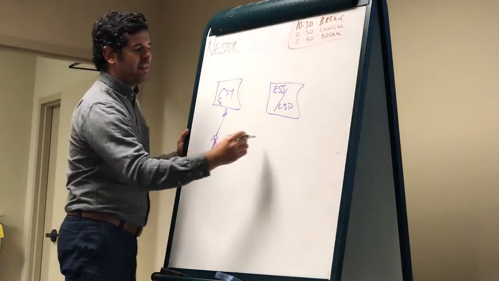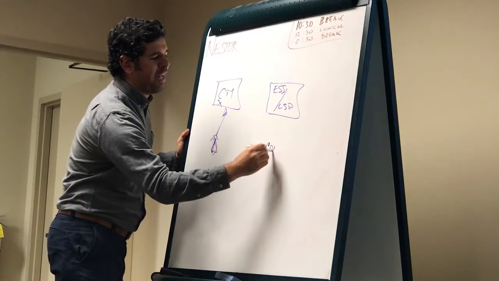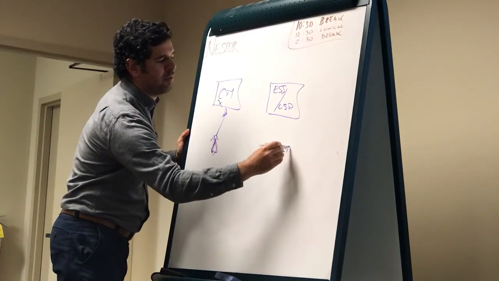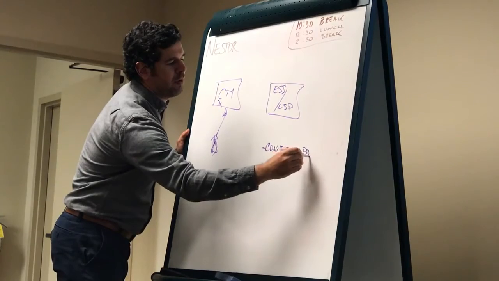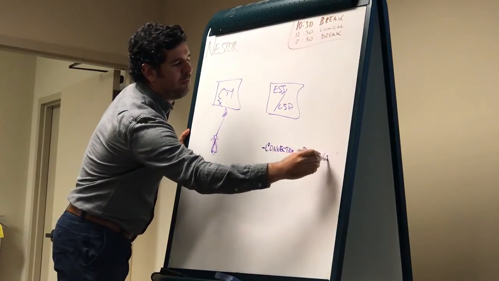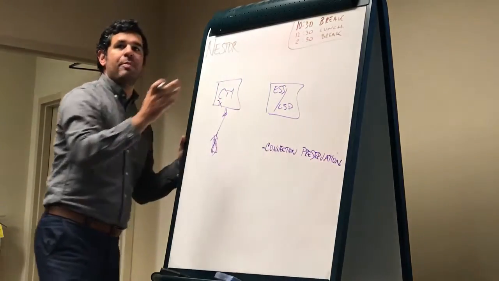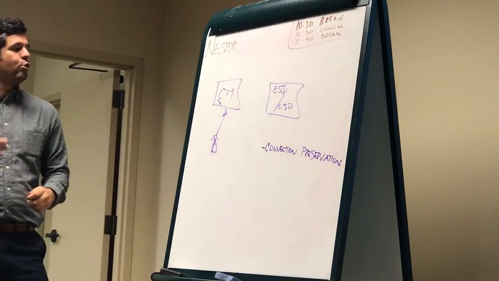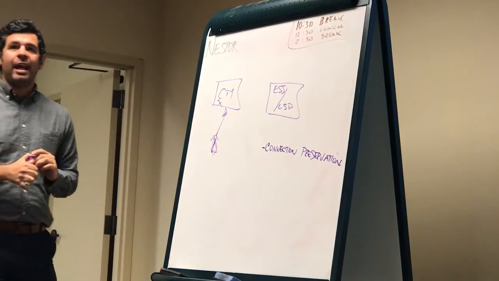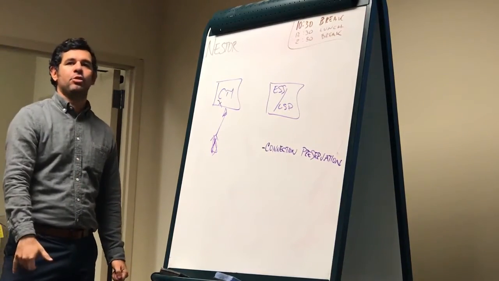Avaya calls that scenario connection preservation. Which means that somehow that connection or that voice path is preserved, but that user cannot do anything within that call more than just hang up.